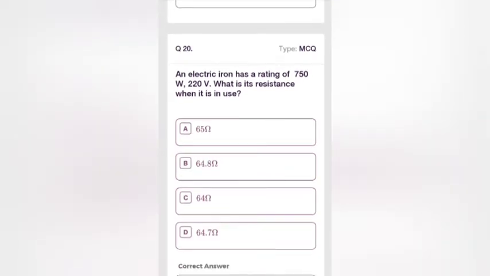An electric iron has a rating of 750 watt 220 volt. What is its resistance when it is in use? So here power is given and the voltage is given. We need to find out the resistance. How to find resistance?